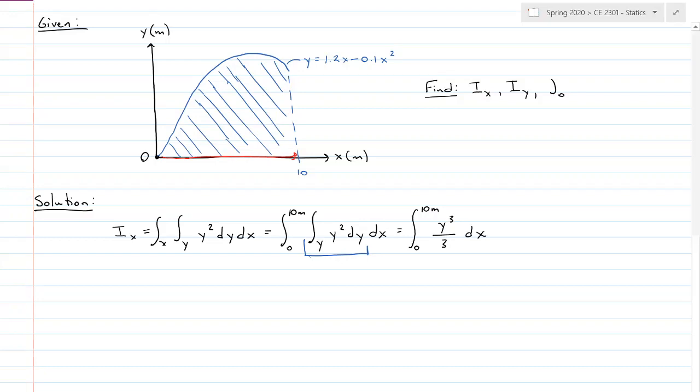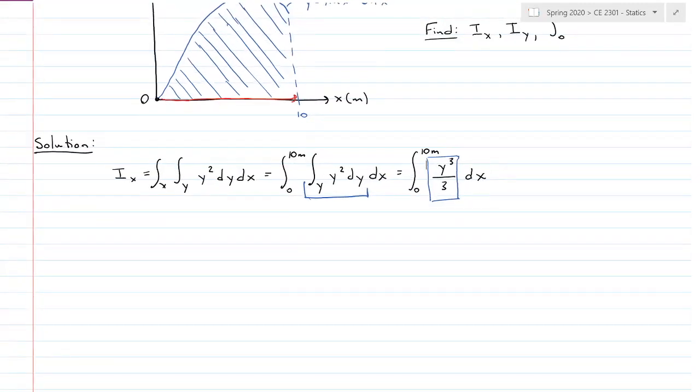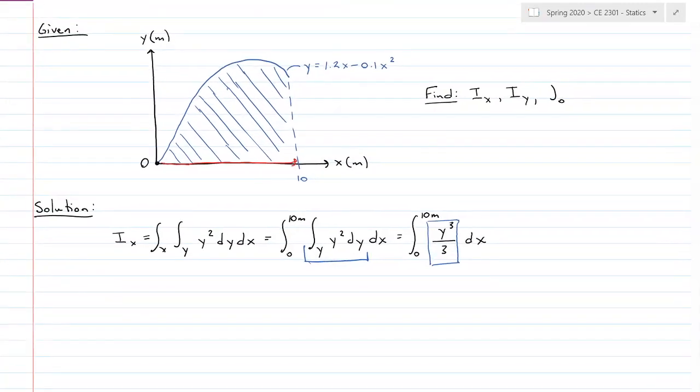So this is that inner integral solved for y. Now that we have y in terms of x, we need to plug it into here.